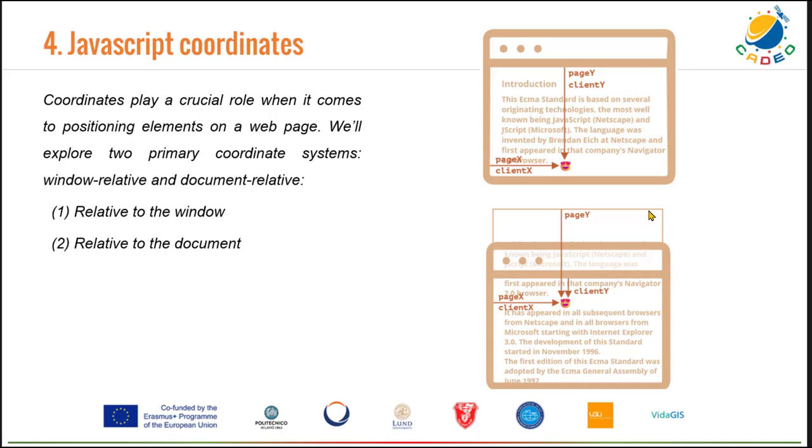In the picture, we take a point in the document and demonstrate its coordinates before and after scroll. When the document scrolls, pageY, the document relative coordinate, stays the same. It's counted from the document top. clientY, the window relative coordinate, does change, and the same point becomes closer to the window top.